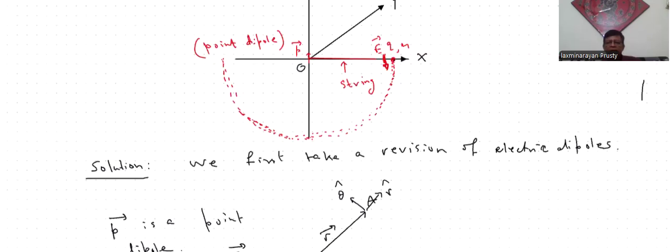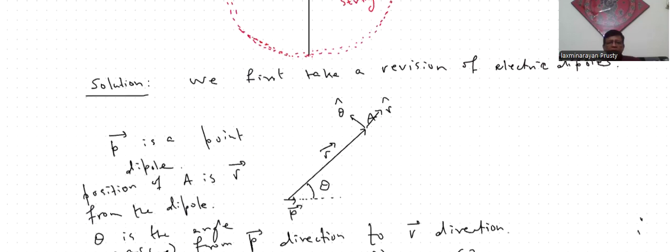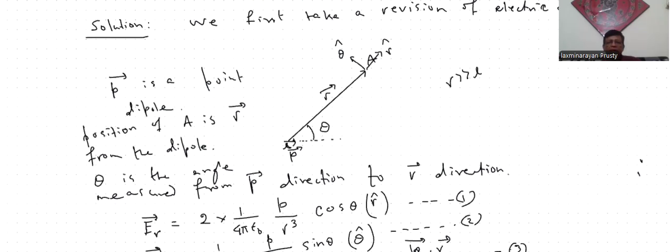First, we take a revision of some of the electric dipole concepts. It's a point dipole, as I told you, with dipole moment P bar, and R is the distance from the dipole. R is much greater than L, where L is the distance between the two point charges, minus Q and plus Q. So what are the fields in radial and tangential directions?